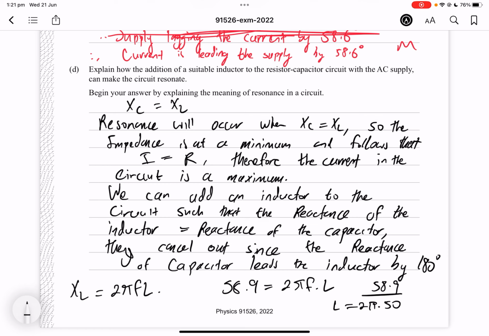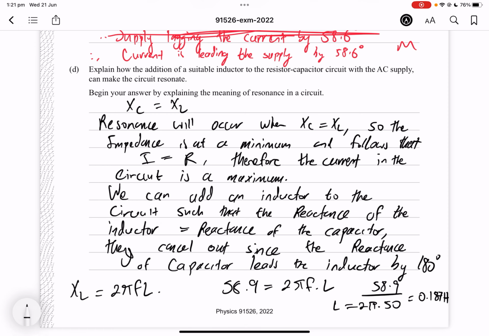We get out the calculator: 58.9 divided by 2 pi times 50. So L equals 0.187 henries. If we add an inductor of value 0.187 henries, we should be able to bring the circuit to resonance and have a maximum current.